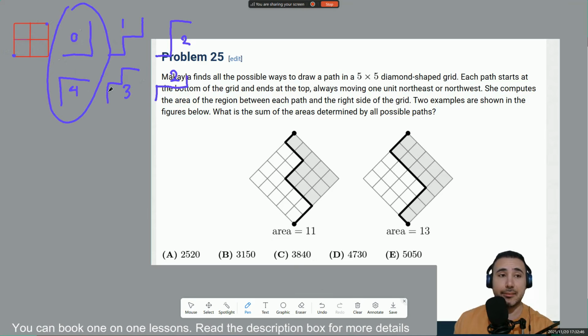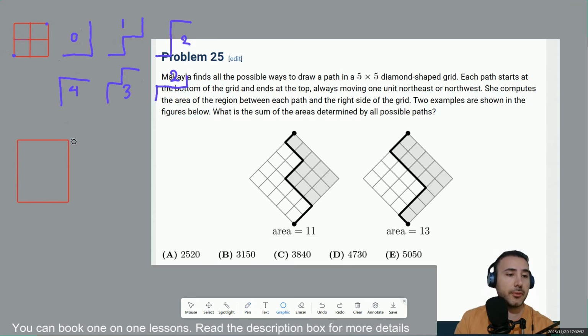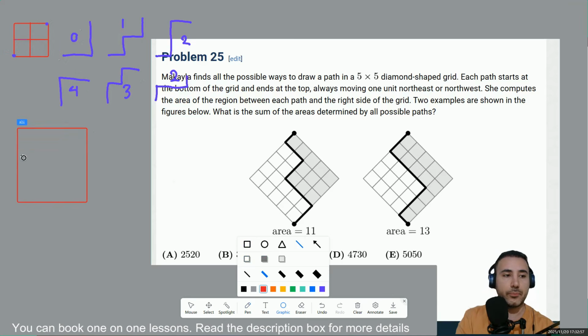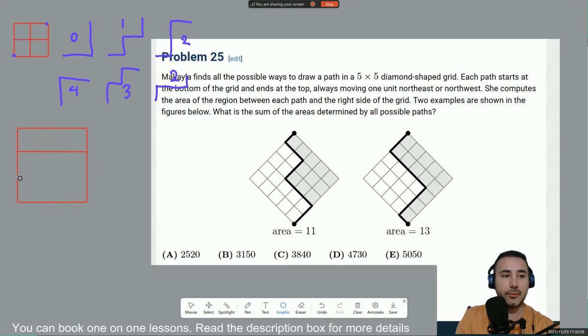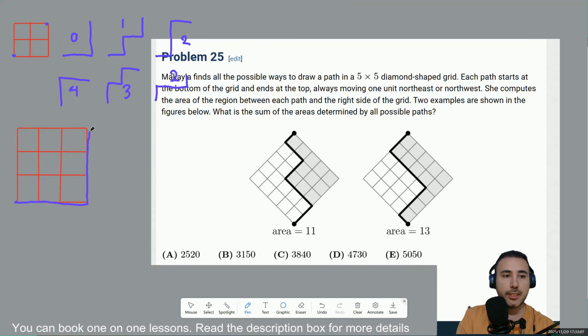It's easy, right? We could even do it by a 3 by 3 if you think it's necessary. In a test, I wouldn't draw a 3 by 3 because I think we already figured out the pattern, right? If it's a 3 by 3, it's going to go the same way. I'm going to show some of them. Look, there is a path like this, which is going to give us the area of 0. Okay, so I'm going to draw something like this. I have to draw it a little, okay, like this.